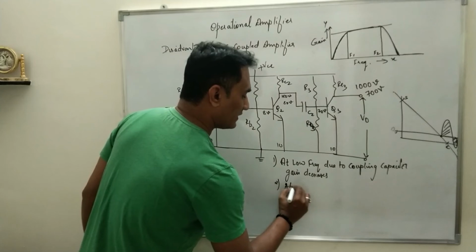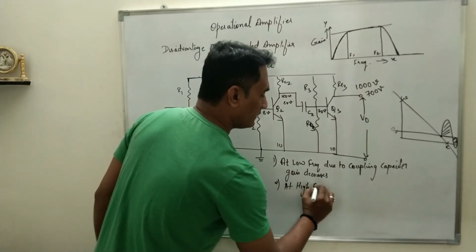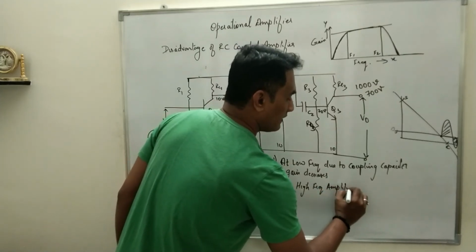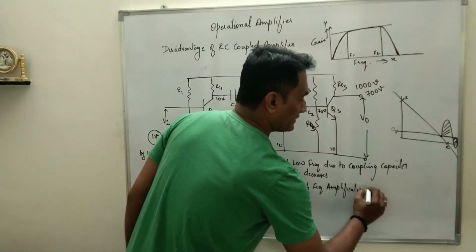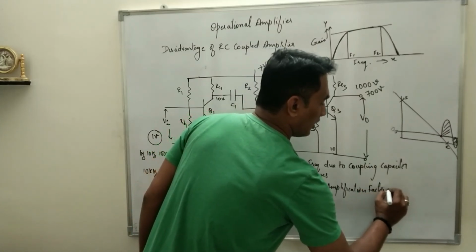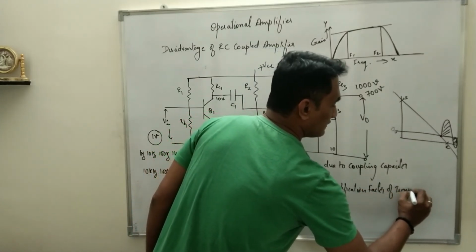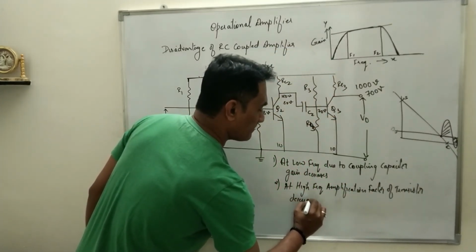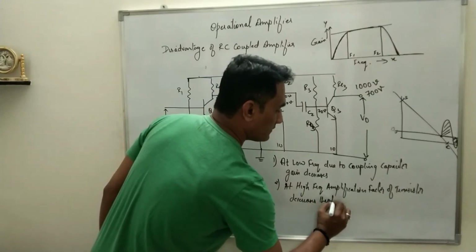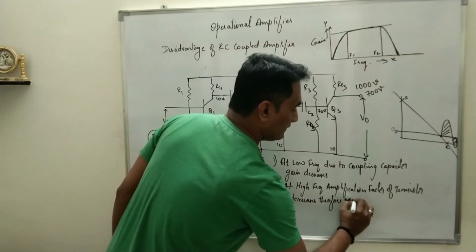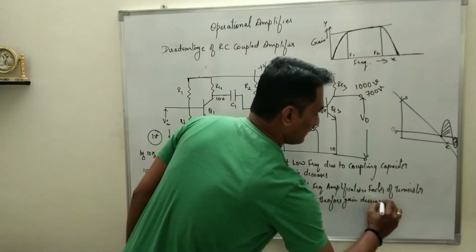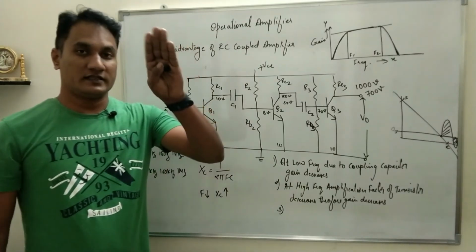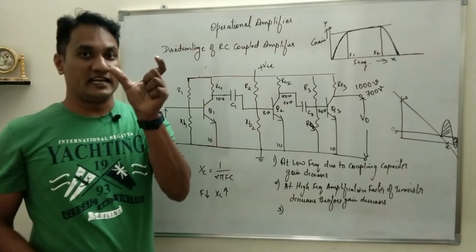Second, at high frequency, amplification factor of transistor decreases. Therefore gain decreases. Third point, so low frequency the gain decreases, high frequency the gain decreases, the gain remains constant only for a small range of frequency.